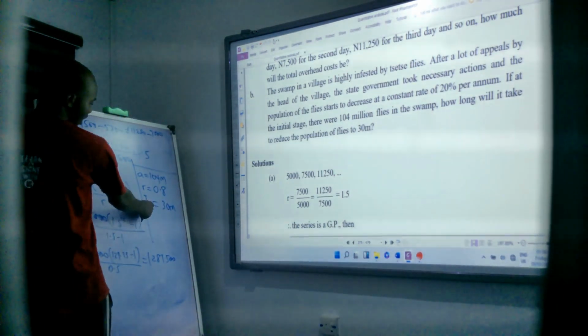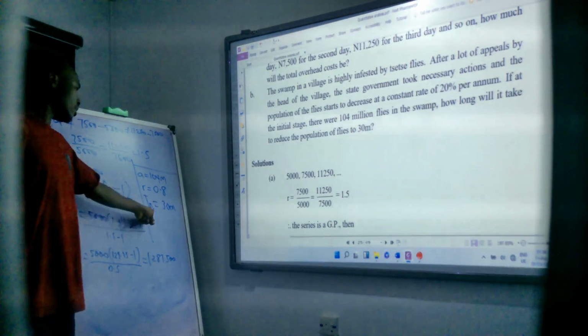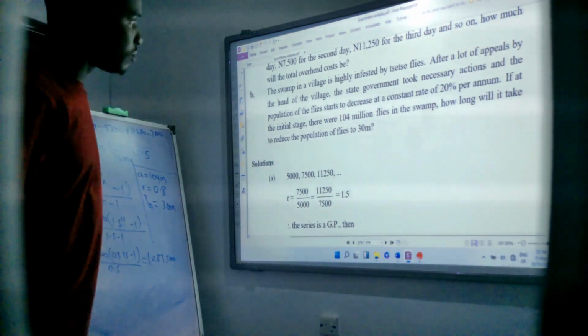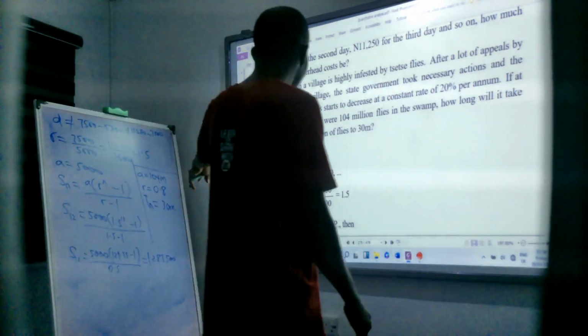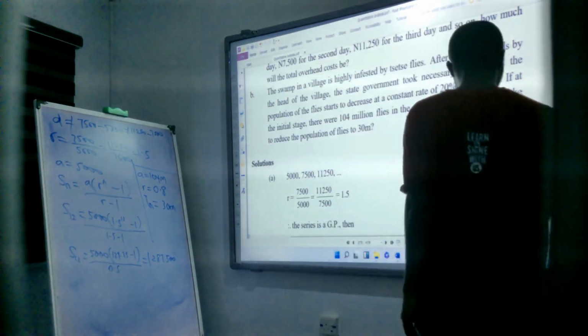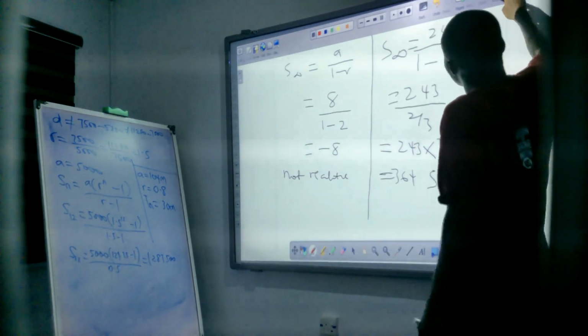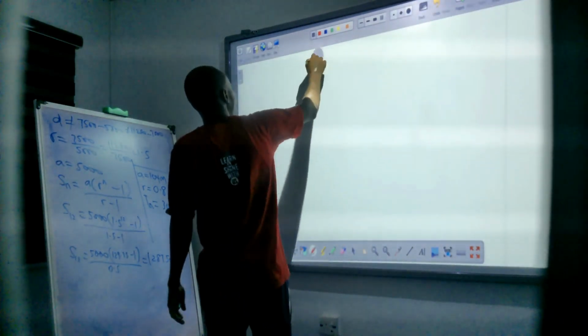So in what year now will Tn be equal to 30 million? In some years' time, which is n. So what is now n? What term will it be 30 million if you continue to decrease at that constant rate? Those three pieces of information are what we need. Let's use them.